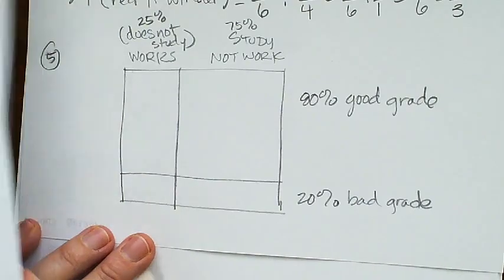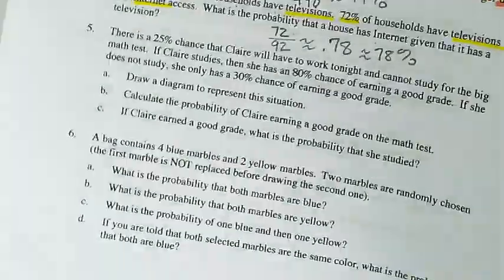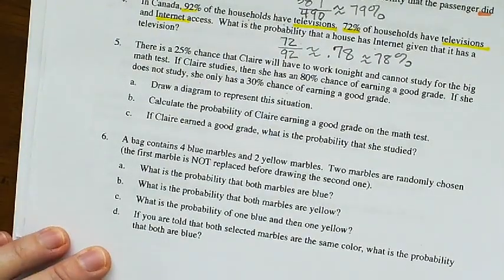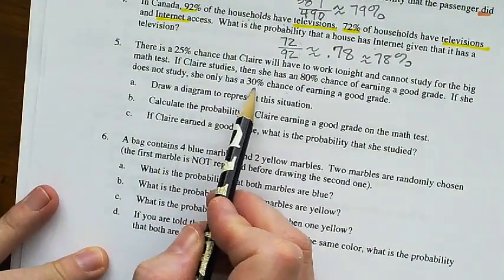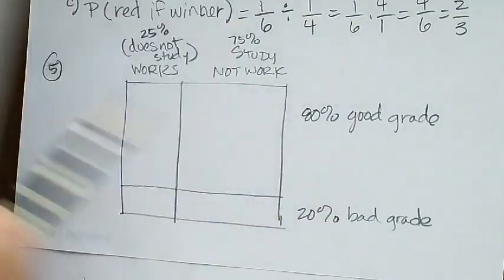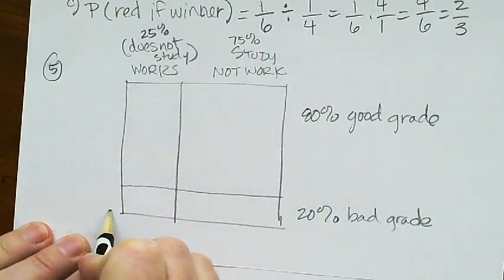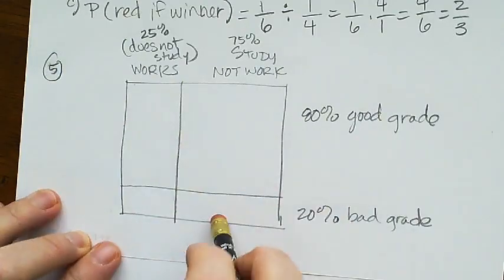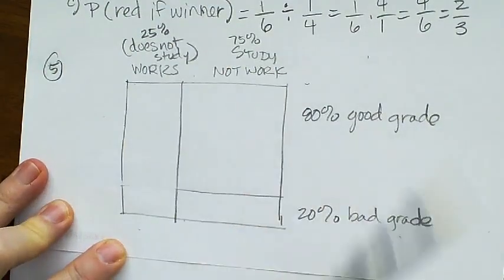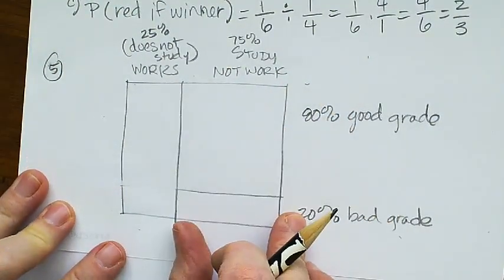Okay, and then if she does not study, she only has a 30% chance of getting a good grade. Okay, so let's look at this side and actually get rid of this. That's just for if she studies.